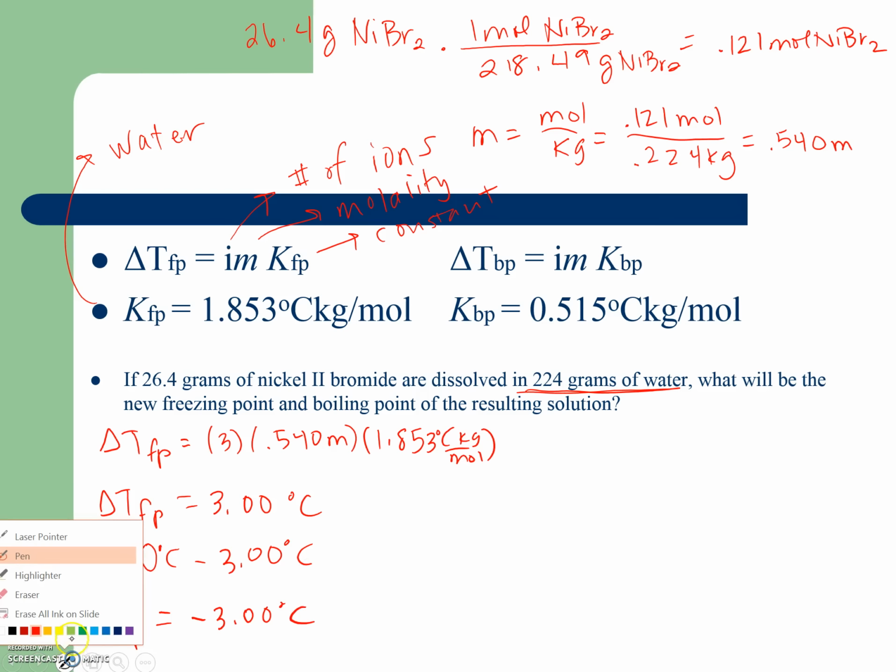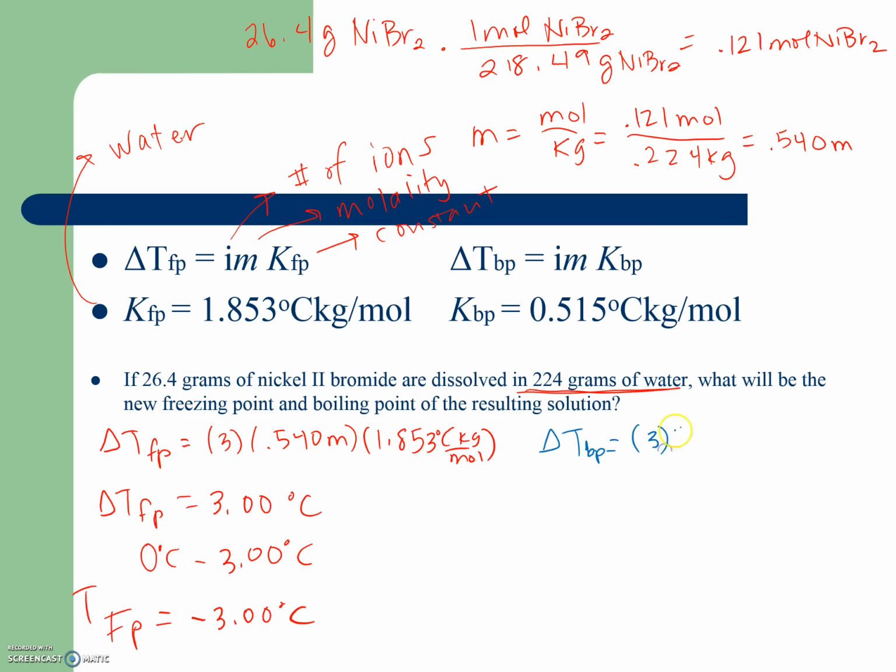Let's pick a new color here so it doesn't get confusing. I'm going to do the same thing for boiling point. Delta T boiling point. It's still 3 ions. It's still 0.540 molal, but my constant is now 0.515 degrees Celsius kilograms per mole.